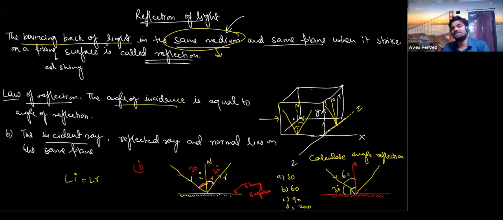So the angle of incidence is 60 degree, and the angle of reflection will be 60 degree. Here the angle of incidence is not given. 30 degree is not the angle of incidence. It is actually the angle between the incident ray and the plane surface, the striking surface. So that is 30 degree, but this is not the angle of reflection. The angle of reflection is 60 degree.